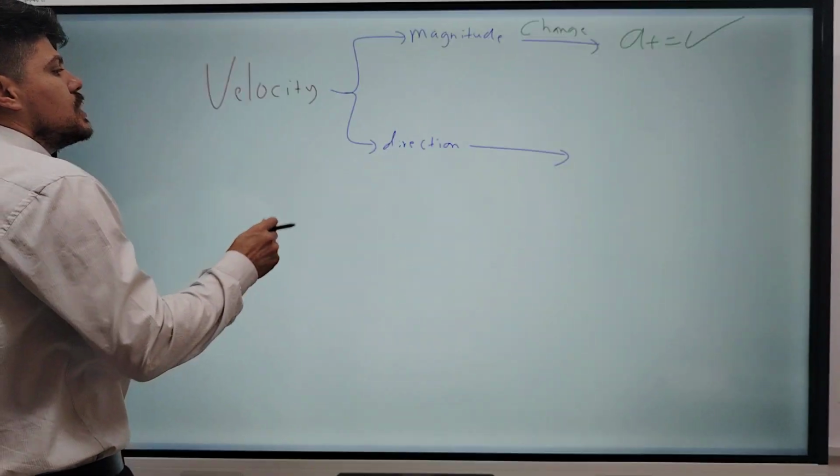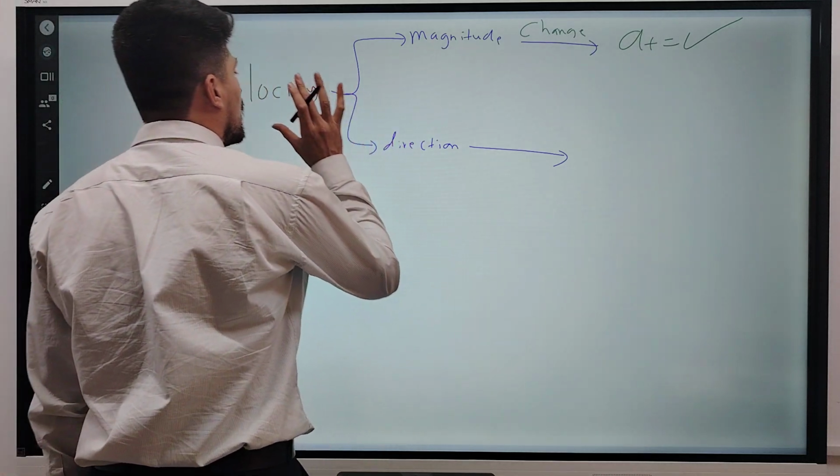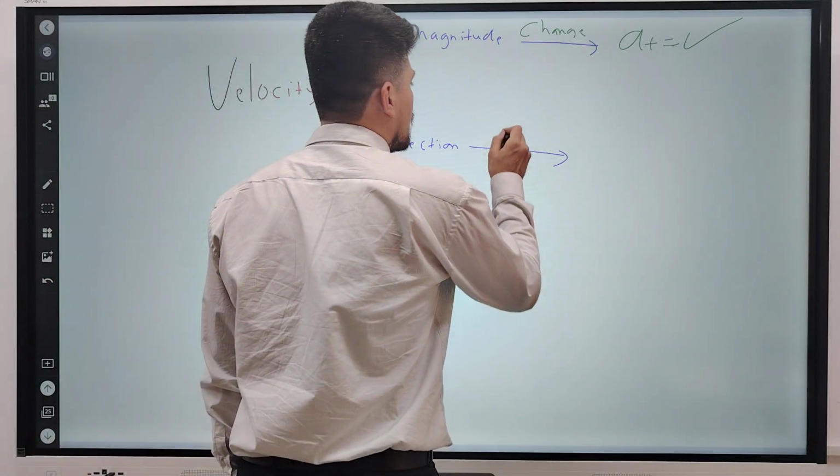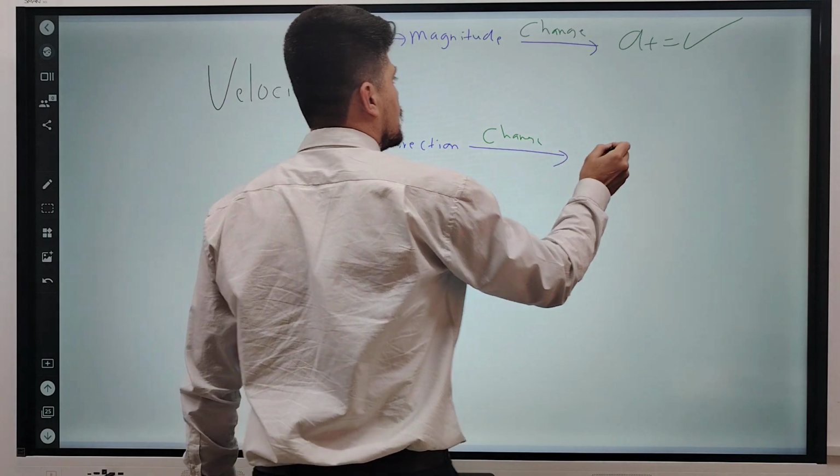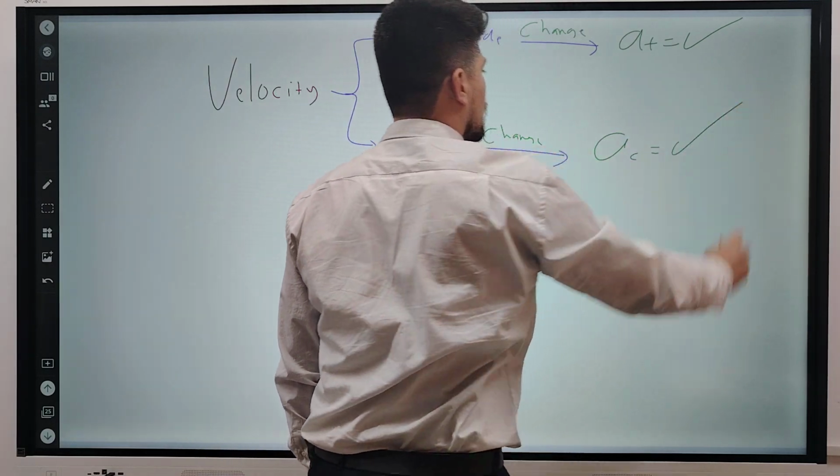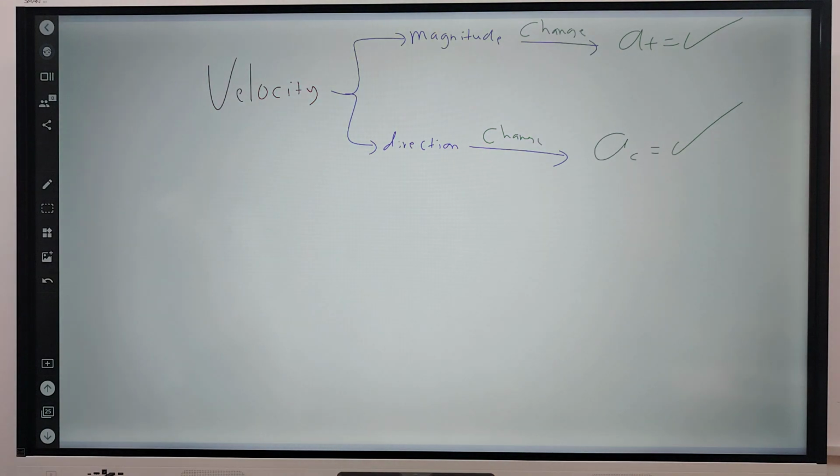Okay, but by changing the direction of the object's velocity, the centripetal acceleration is produced for an object.